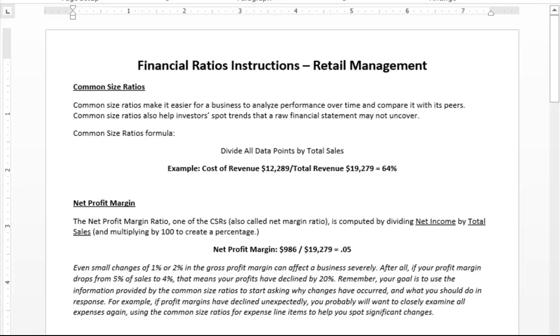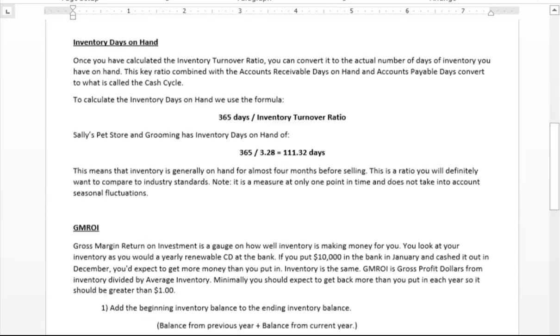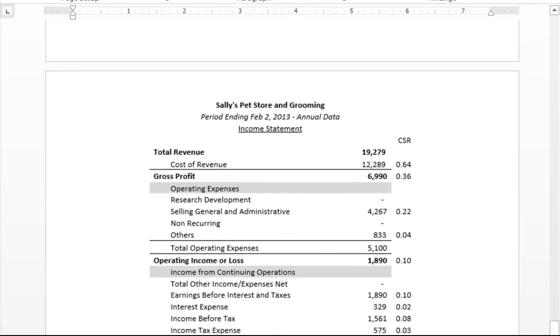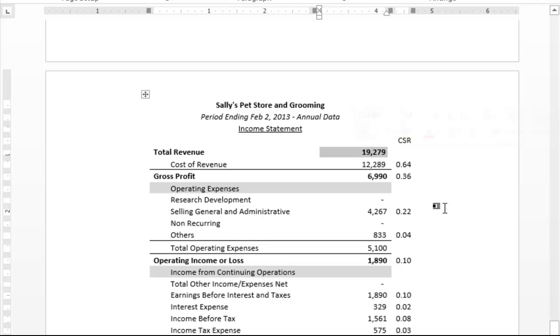So you scroll back down, and in this case we're doing the common size ratios for Sally's Pet Store. And if you take cost of revenue and divide it by total revenue, you get 64%. So that means 64% of the total sales goes to cost of goods sold. 36% is your gross profit. 22% is used in general and administrative selling.